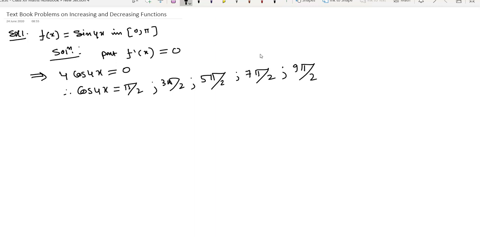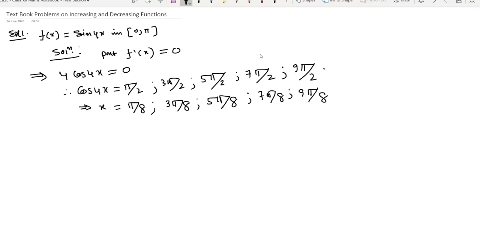All of you understand? But why have I stopped there after 9 pi by 2? Because if I go on finding the values of x here, that x is going to be pi by 8, 3 pi by 8, 5 pi by 8, 7 pi by 8, 9 pi by 8. Till that you need not consider because the interval I have given is 0 to pi.